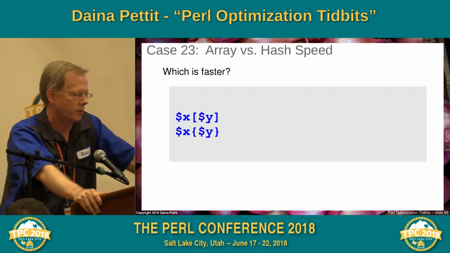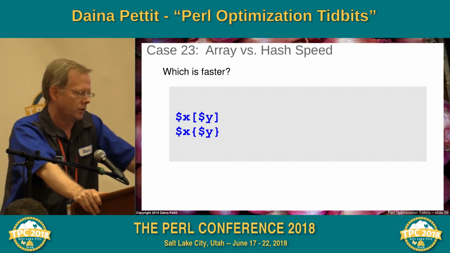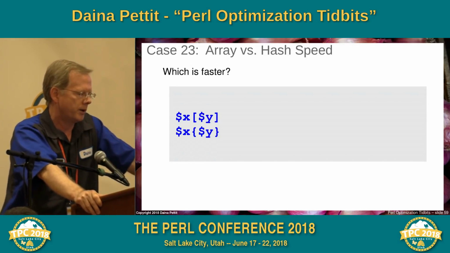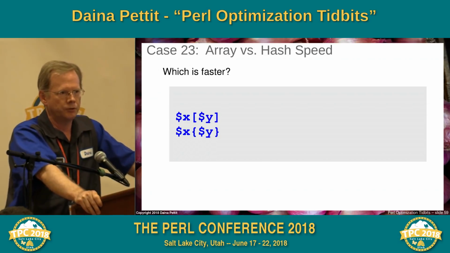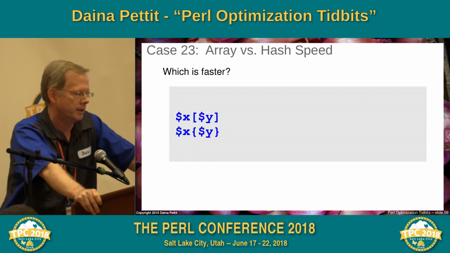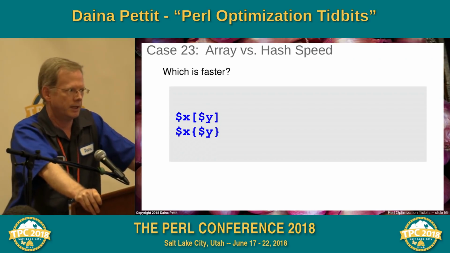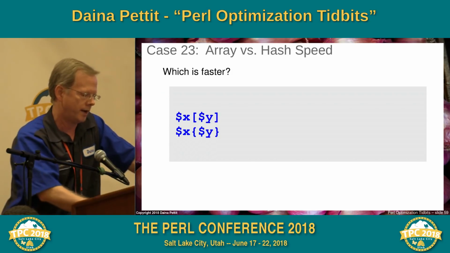Case 23, array versus hash speed. So this is comparing a little bit of apples and oranges here, because you usually don't index the same way. One indexes by an integer and one indexes by a string. But if we were to compare them, giving them the same type of thing to index with, like an integer or an integer string, which would be faster?